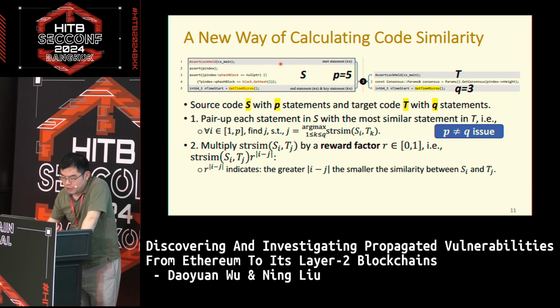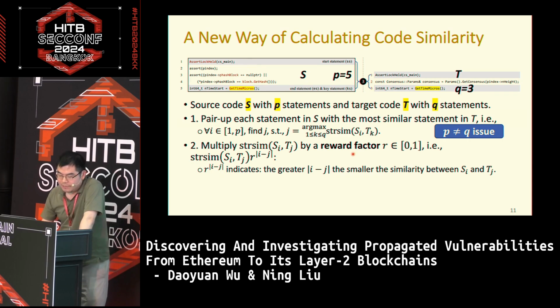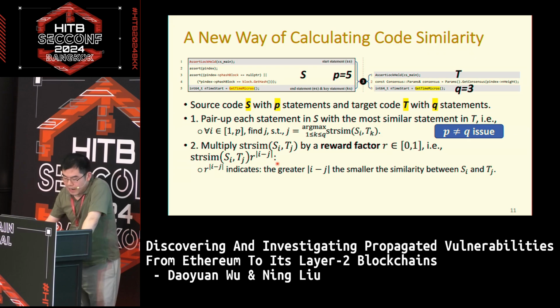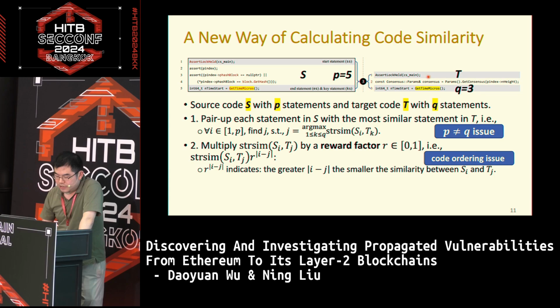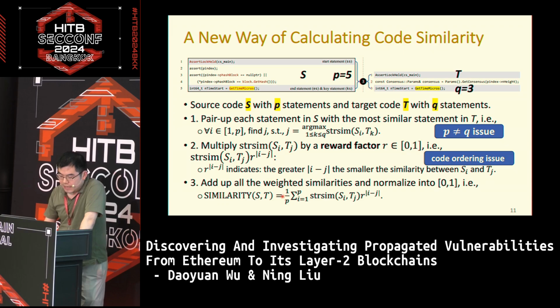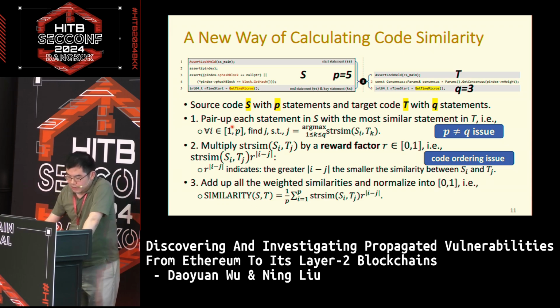And another thing is, because this one is still not the same line as the original source code in Bitcoin, we assign a particular factor here. We call it a reward factor. If this line is not in the same position, then this factor will become smaller, so that we can better handle the code ordering issues. And lastly, we add up all the weighted similarities.